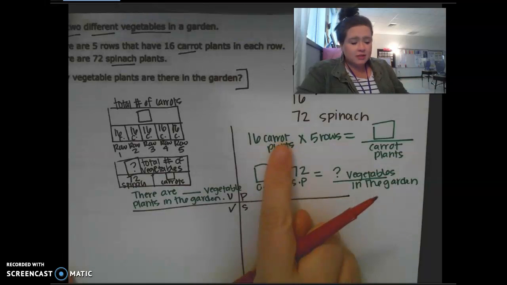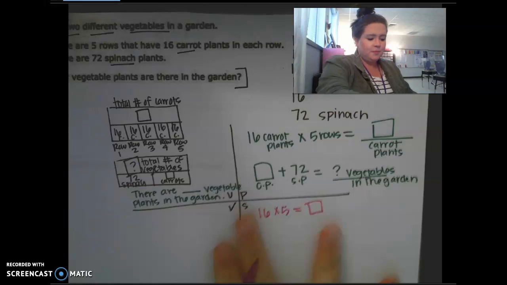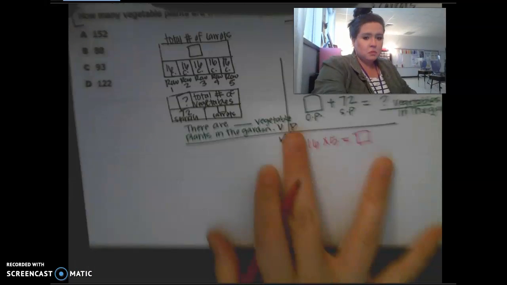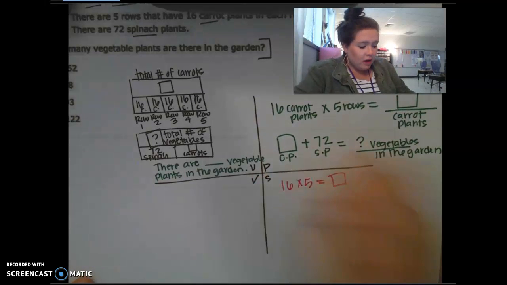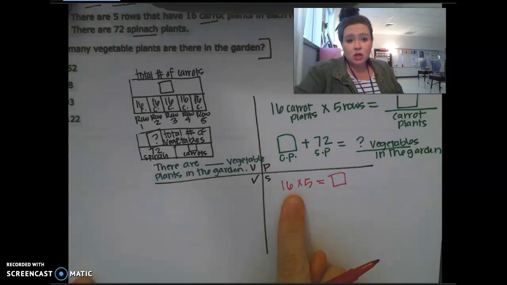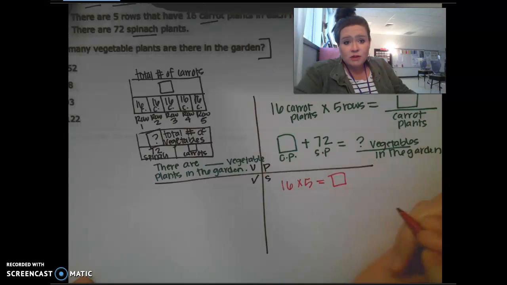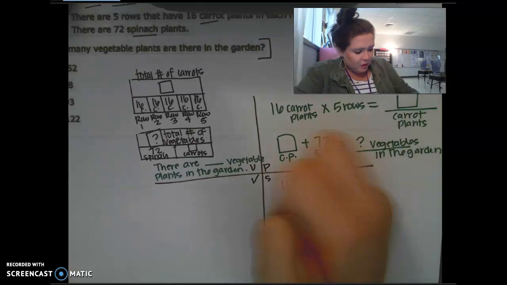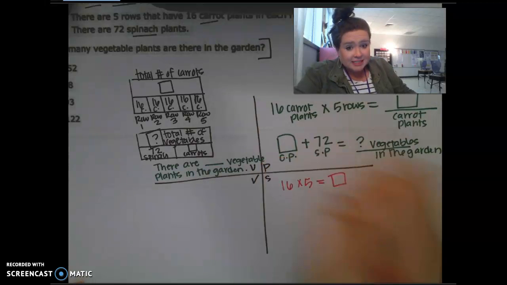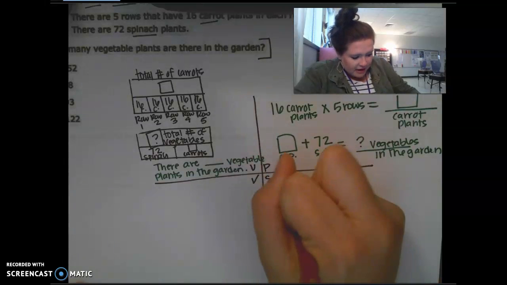The first step, we're multiplying 16 times 5, which equals something. Well, you can do repeated addition, so you can add 16 plus 16 plus 16 plus 16 plus 16. You can add that 5 times. Or I'm going to decompose my number again to multiply. So I'm going to decompose my 16 into 10 and 6.